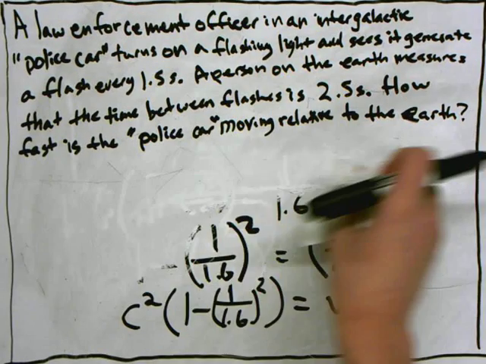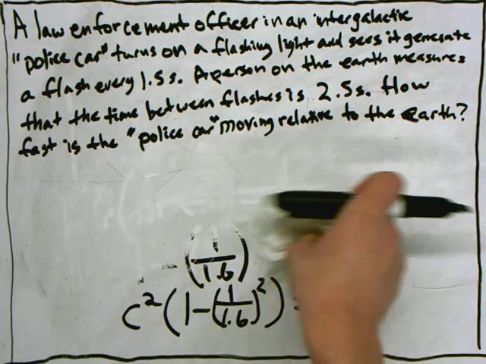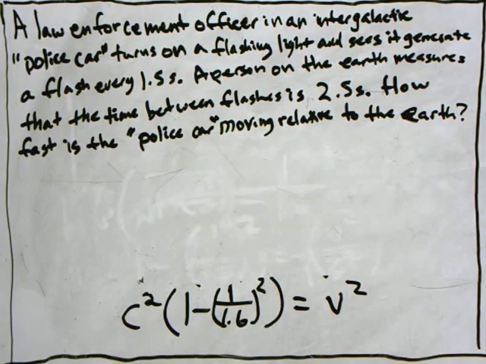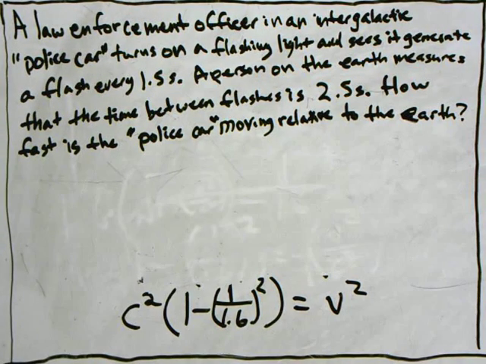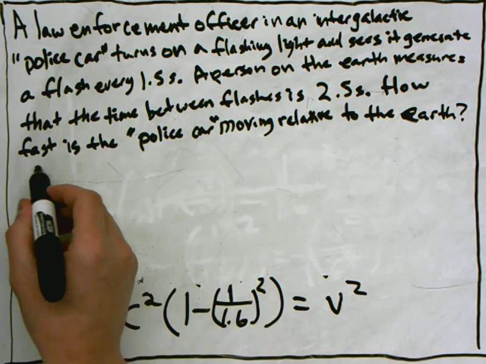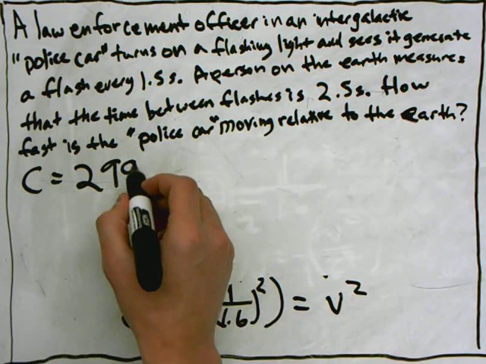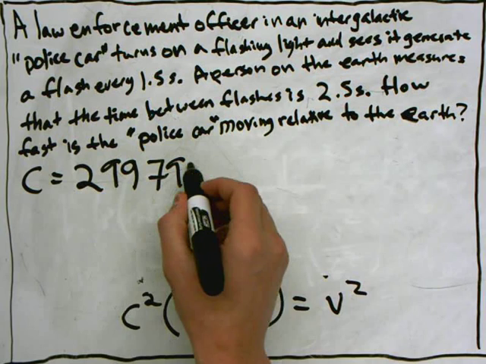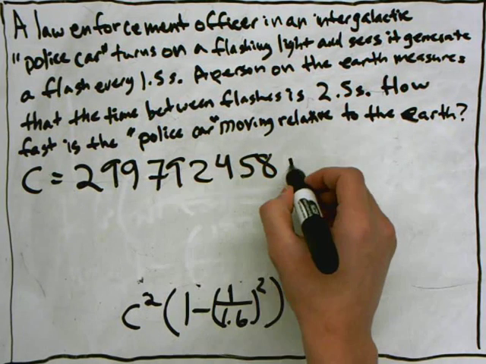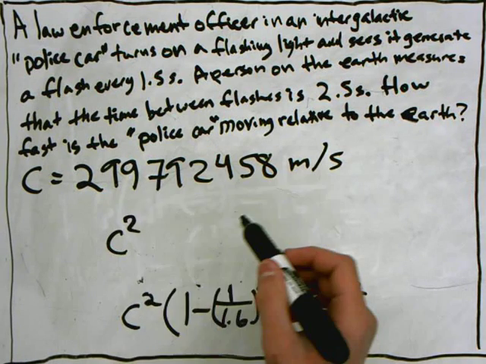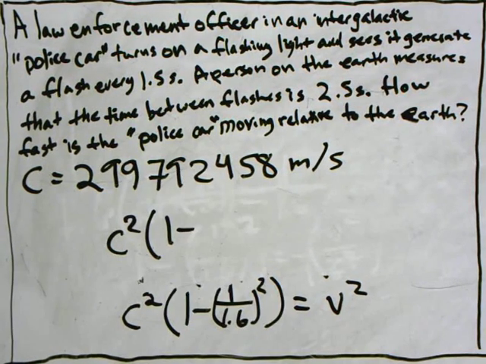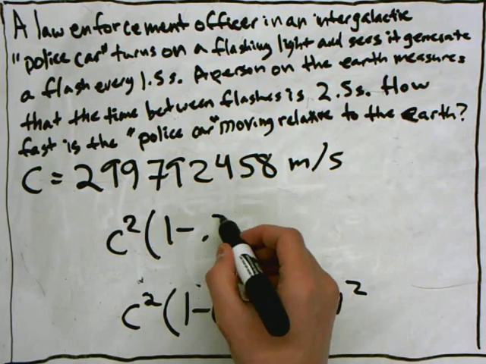We're going to have c squared, and then 1 minus 0.36 equals v squared. So we multiply 1 minus 0.36, which is 0.64, by the speed of light squared.